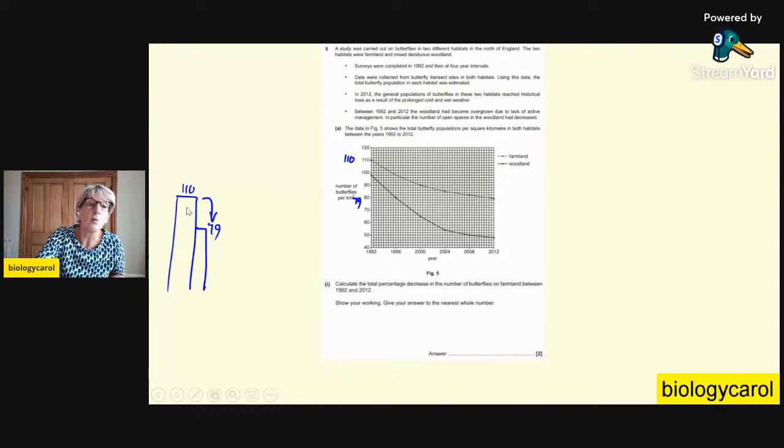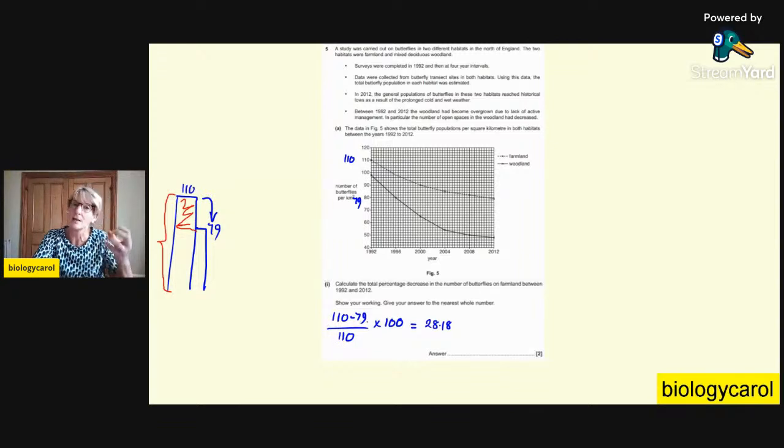We want to know what that decrease is, which would be this bit here, the difference between them. But we want that as a percentage of the original number. It's the percentage of the original. And that's why this is the correct fraction.